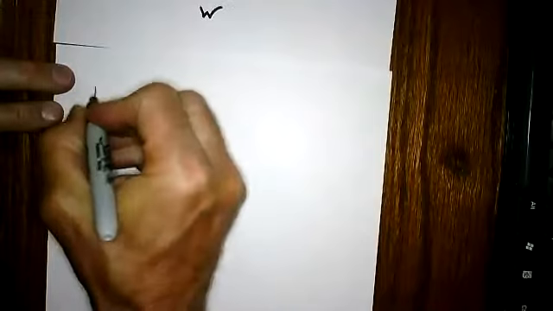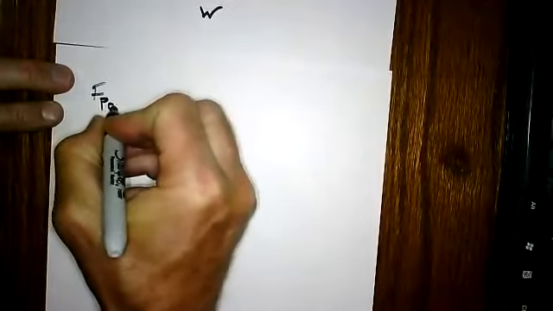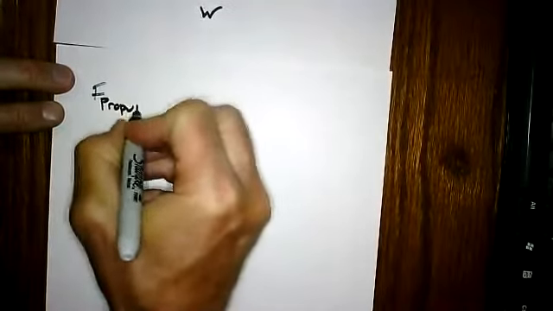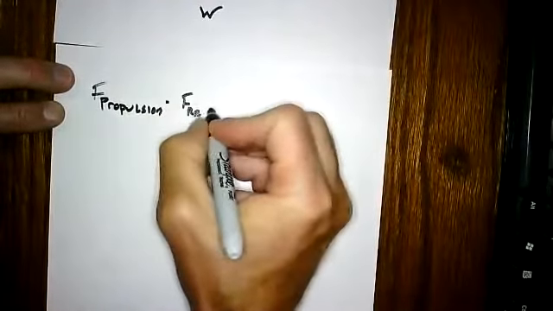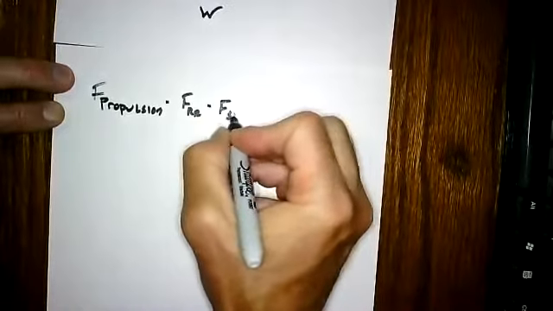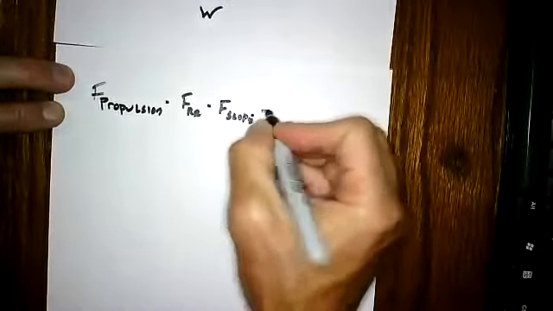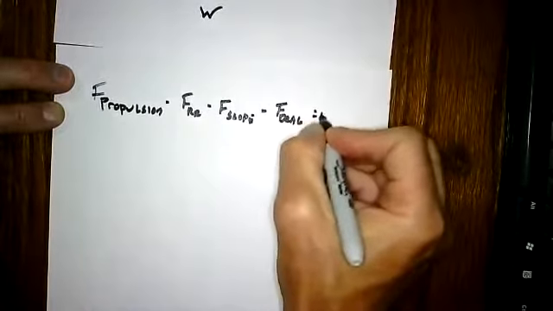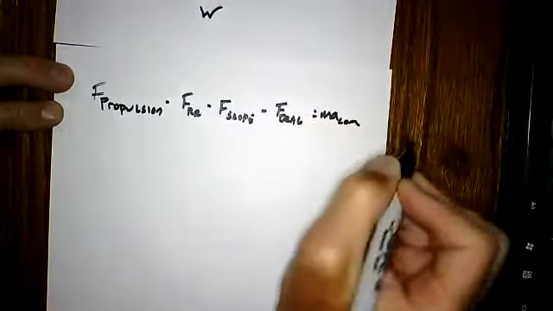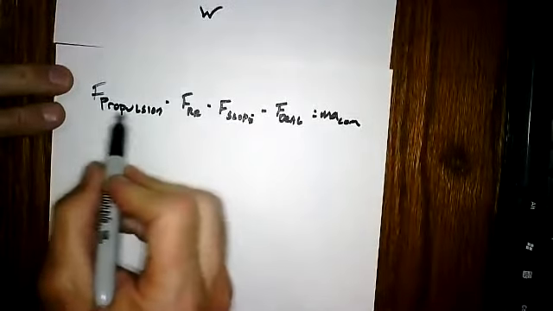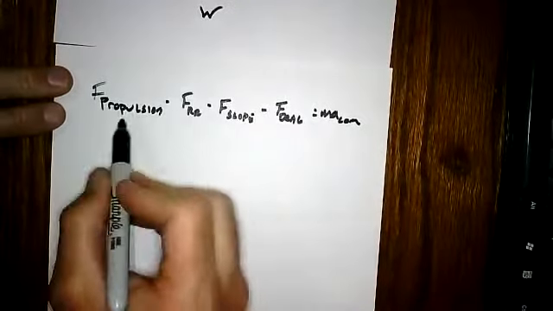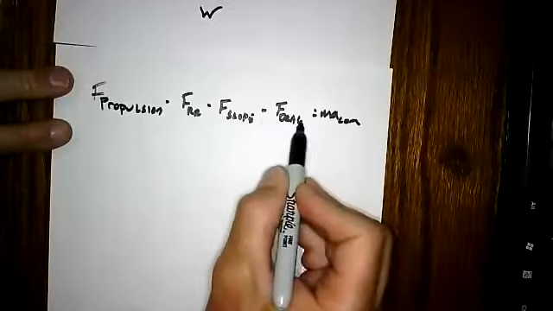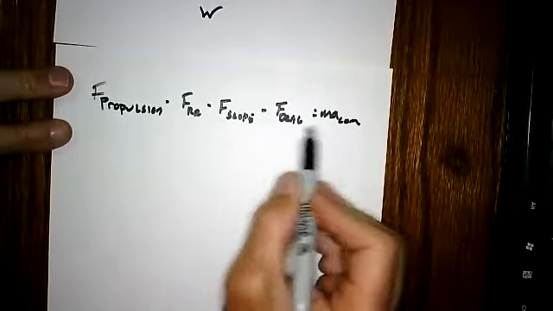I'm going to rewrite that equation here, F propulsion minus rolling resistance minus slope resistance minus drag force equals m a COM. Actually, what I'm going to do is take this equation and add all of these to the other side of the equation.